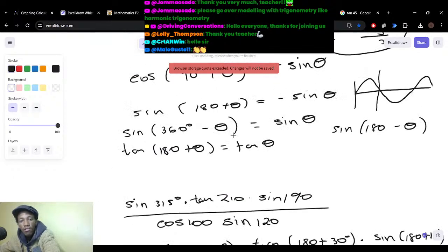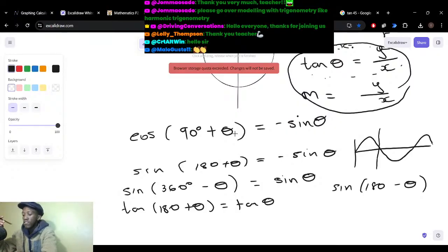So in order for you to be able to answer such questions, you need to know your trigonometric reductions. You do not have to cram your reductions, like sine of 180 degrees minus theta is equal to sine theta. You do not necessarily have to cram it, though you can.